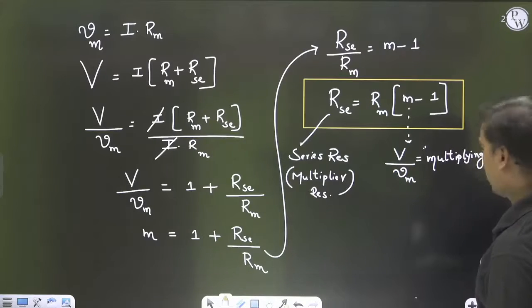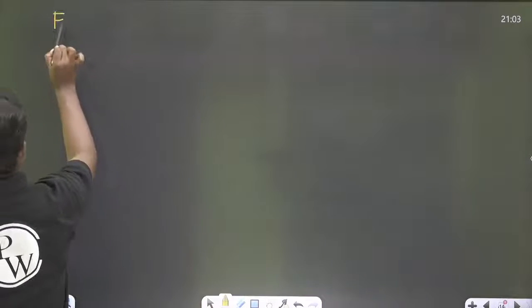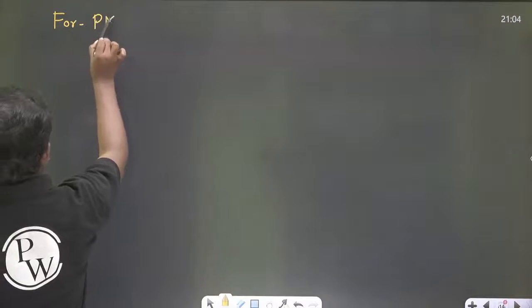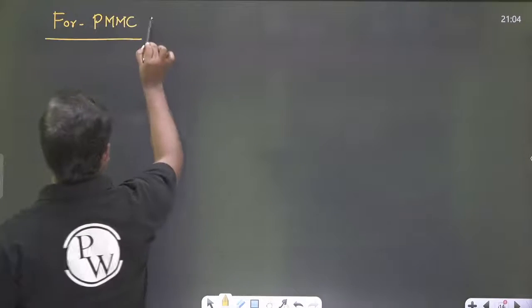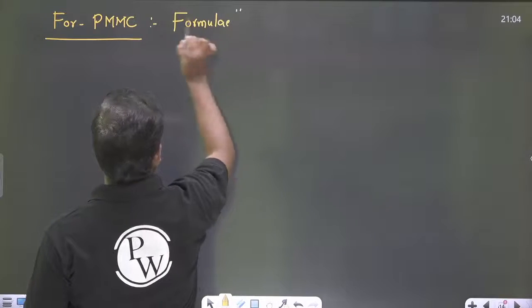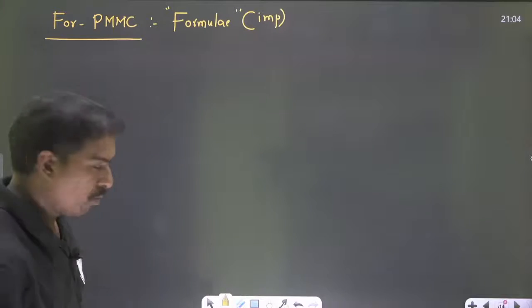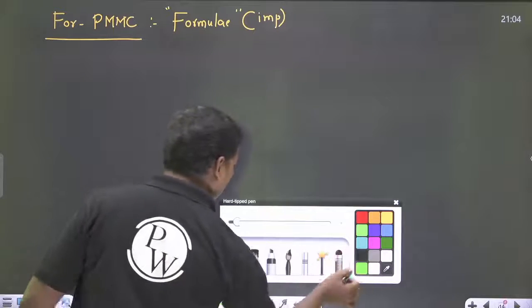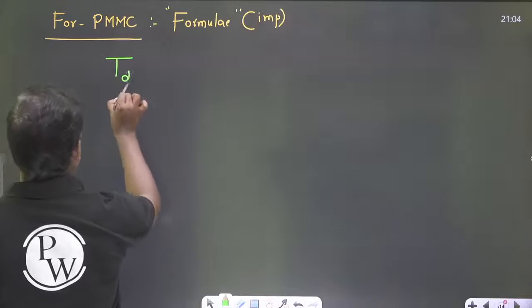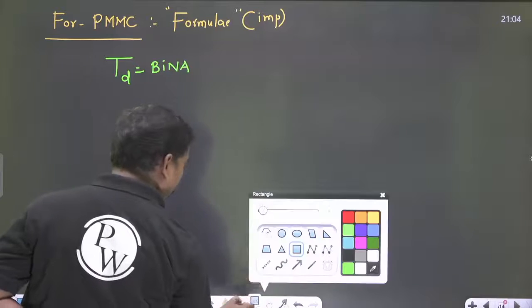So before entering into the numerical section, let me write the basic list of important formulas for PMMC. First, deflection torque is equal to BINA. That is one important formula, in a box.